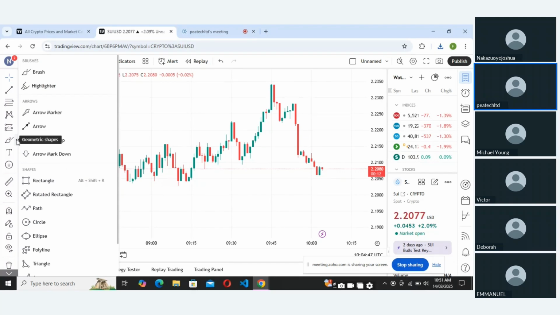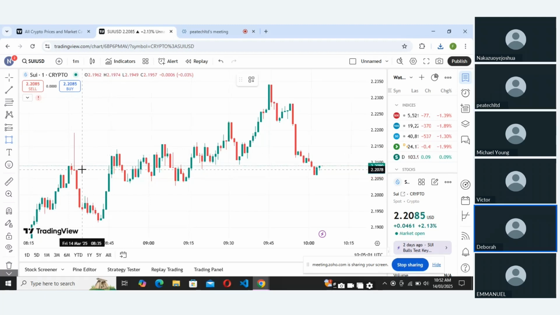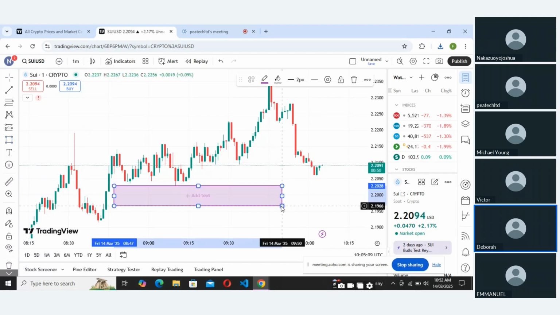Now use the rectangle. Okay. Now use it to demonstrate your zones for us. Mark out the zones for us.